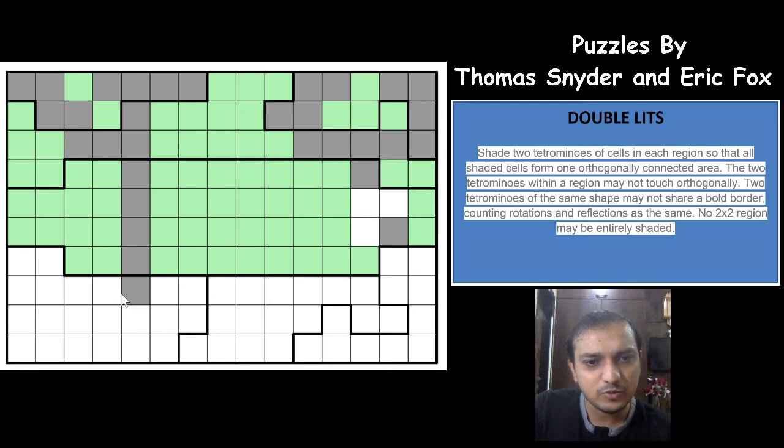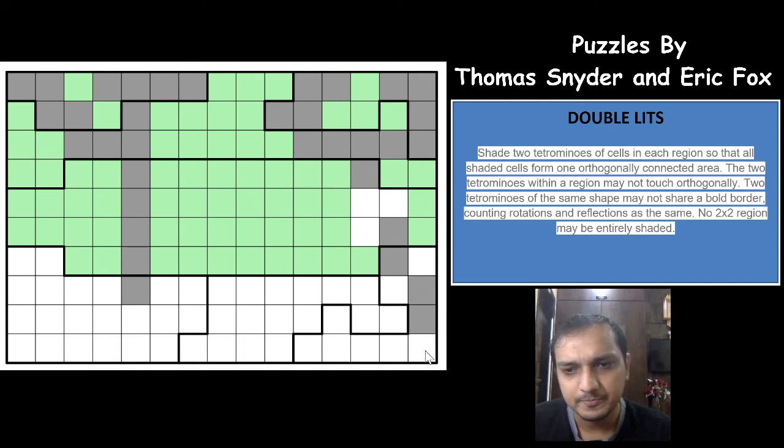And now this will have to be shaded. Let us see somewhere here. This will have to be shaded and both of these will have to be shaded now. If you have an L here, you will have an S here. If you have an S here, you will have an L here.